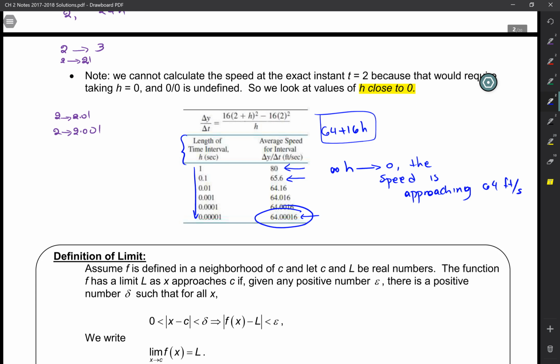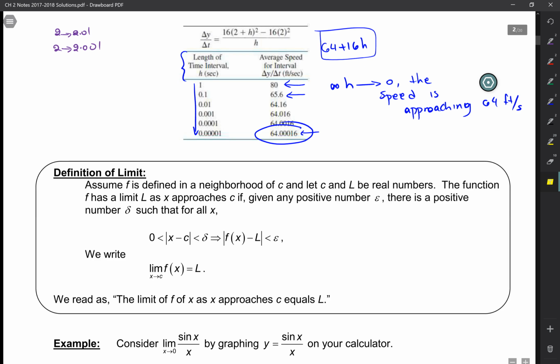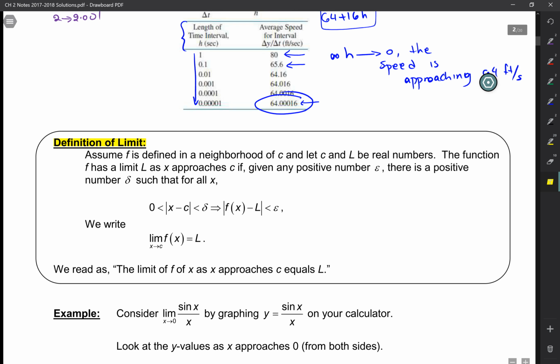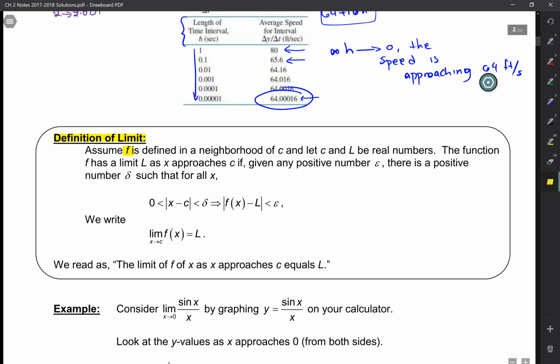So now we get to the definition of a limit, and here is where we throw all of these Greek symbols at you. Bear with me, and I'll tell you in words, in English, what this means. Assume f is a function that's defined, and c is a point on the x-axis, and close to that point, f of x is defined.